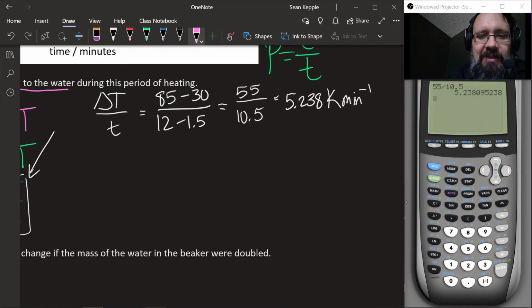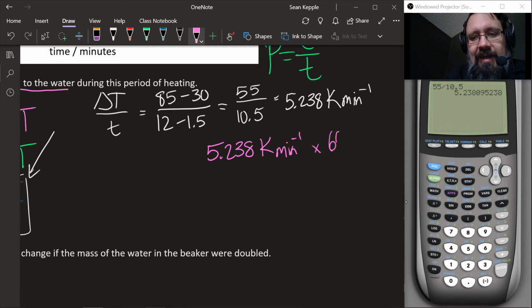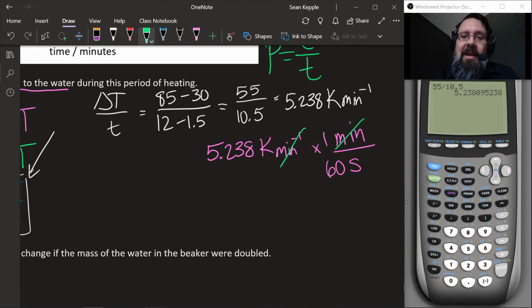So the way to switch this to per second is to just take the 5.238 Kelvin per minute and multiply it times 60, and then it's going to be per seconds per minute. I didn't do that right. It's upside down. Minutes per second. So there we go. So 1 minute is 60 seconds. So now the minutes will cancel out, and then we'll have it in per seconds.